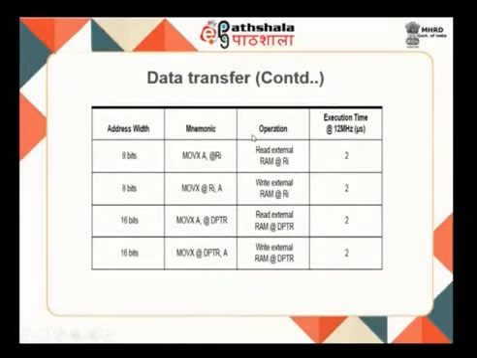When you are looking at data transfer, we have MOVX and MOVC also. MOVX is reading from external RAM, and it may require only 8-bit data. MOVX A comma @Ri: Ri is a general purpose register where I hold a memory address.